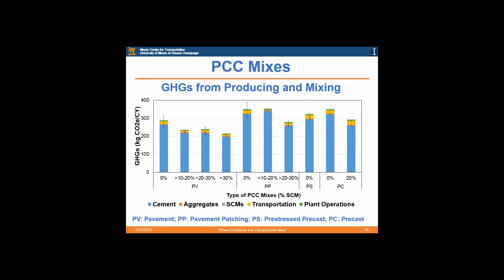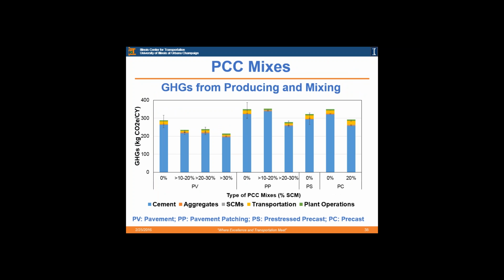So moving on to the Portland cement concrete mixes. These are different types of mixes here. We have mixes for pavement, for pavement patching, for pre-stress, precast, and also for precast concrete. As you can see here, there is a differentiation between the different types of mixes, mostly because of the cement content. For example, for the pavements, there's typically, on average in the sample that we had, about 500 pounds per cubic yard of cement. But for the other ones, they're closer to 600.